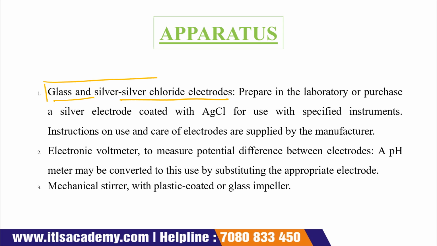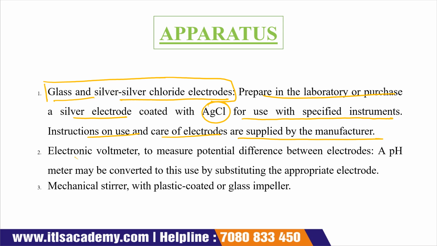The first apparatus that we require is a glass and silver chloride electrode. Prepare it in the laboratory or purchase a silver electrode which is coated with silver chloride for use with a specified instrument. Instructions on use and care of the electrode are supplied by the manufacturer.